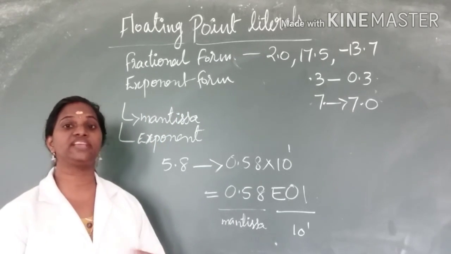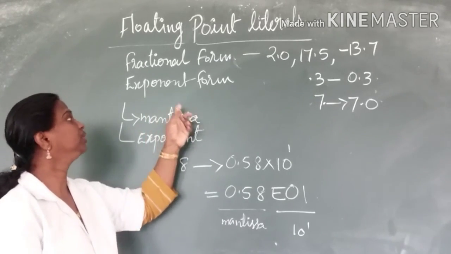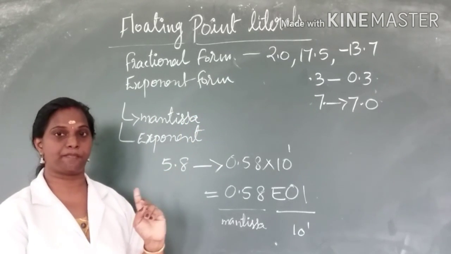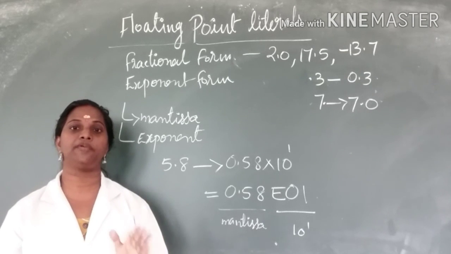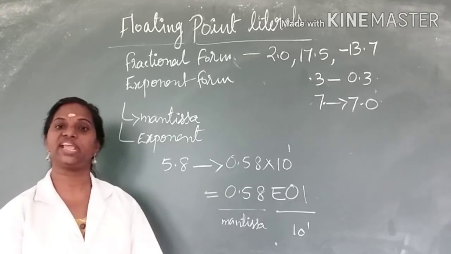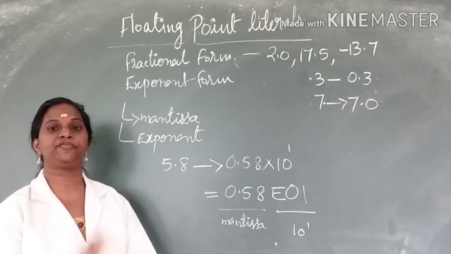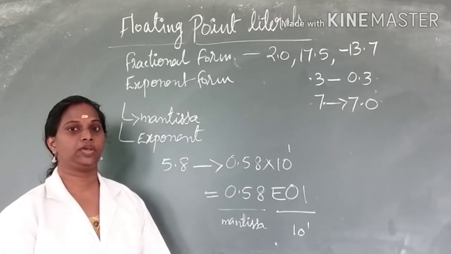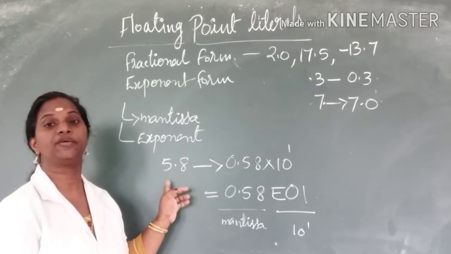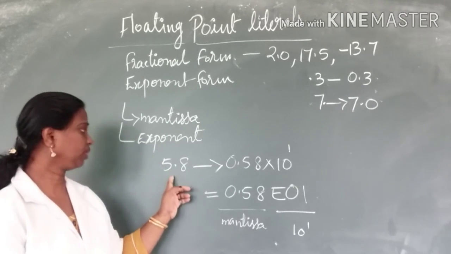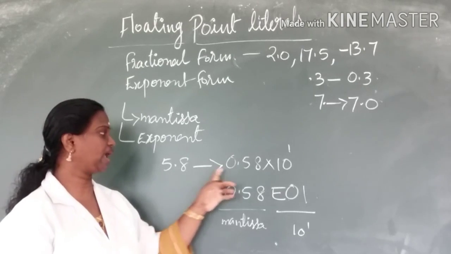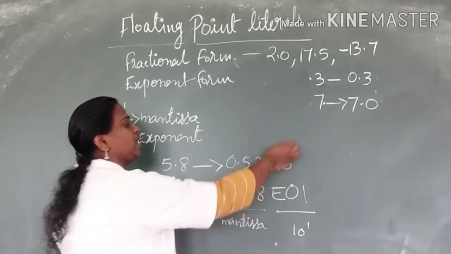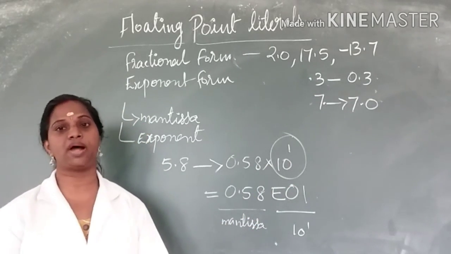Next one is exponent form. See the example. The exponent form has two parts, the mantissa part and the exponent part. The part before the exponent is called the mantissa part. See here you have an example, 5.8. This 5.8 can be written as 0.58 times 10 raised to 1. This is the exponent part, 10 raised to 1.